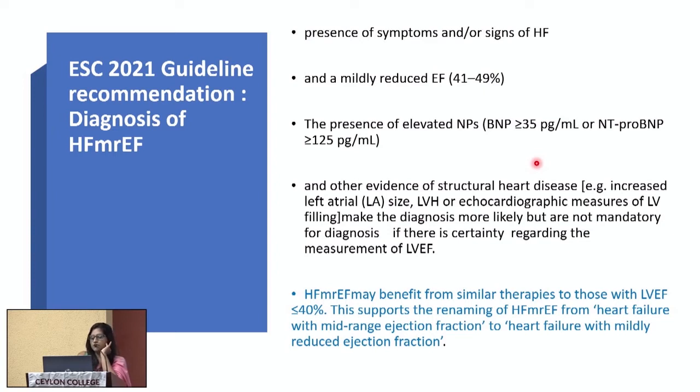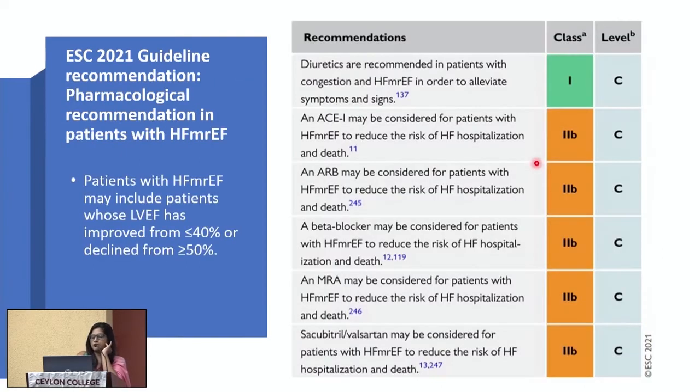This supports the renaming of heart failure with mid-range ejection fraction to heart failure with mildly reduced ejection fraction. Now, when we go to the recommendations, the ESC 2020 guideline has class 1 recommendations for patients with heart failure with reduced ejection fraction, but here most of them are in class 2B.